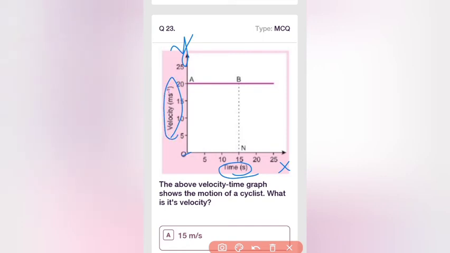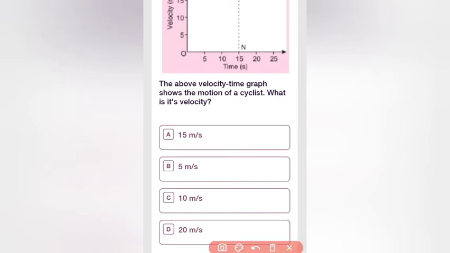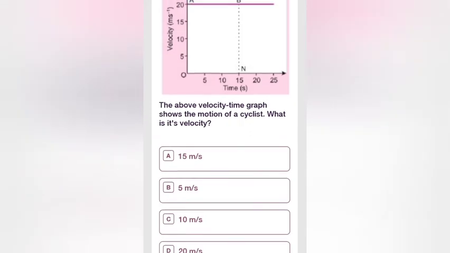At this instant, what is the velocity? 20 meter per second. At every instant, we find that the velocity is the same, 20 meter per second. So they are asking you to find the velocity, which is 20 meter per second. Option D is the correct answer.